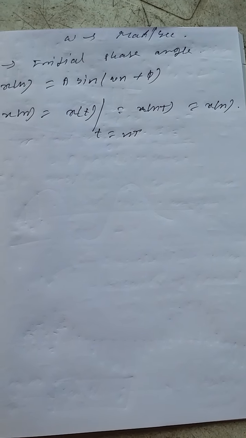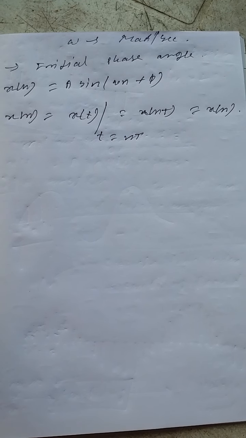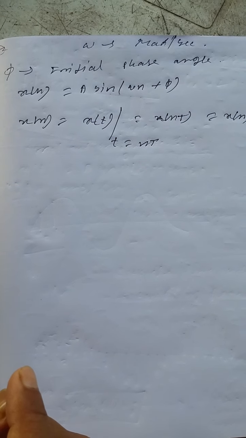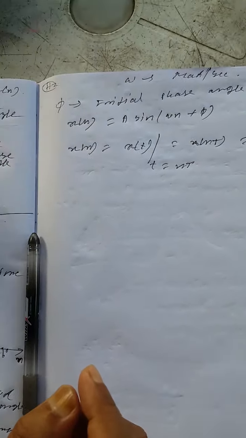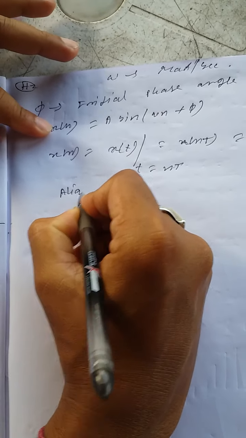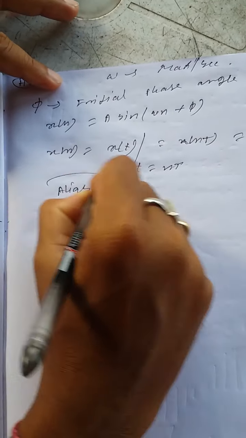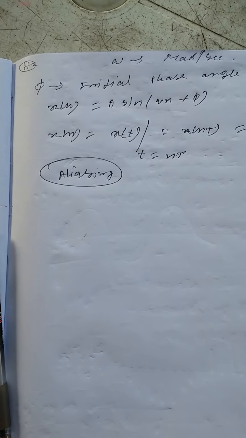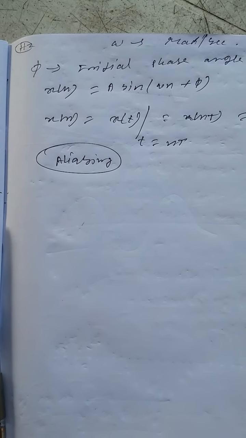There is a problem when we are going through the process of sampling. The problem is known as aliasing. Aliasing is the interference between two successive samples.